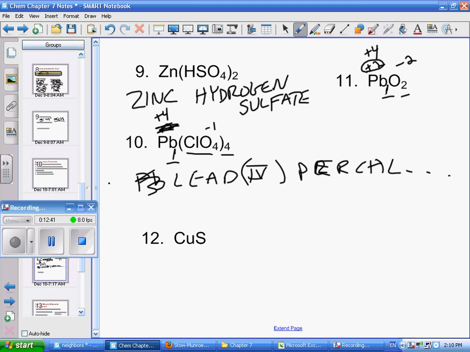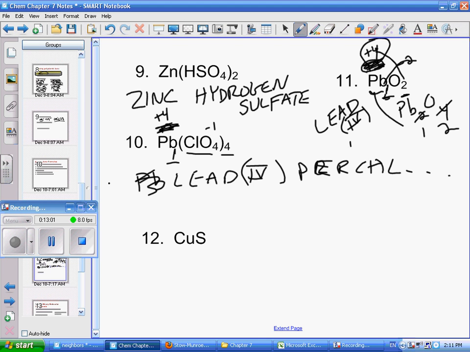That doesn't fit a 1 to 2 ratio. So it can't be this. It's got to be this. This will cross down. This will cross down. Essentially, I have Pb2O4. That will reduce to give me PbO2, which is what I have here. So what did I use? I must have used 4. The answer is lead 4 oxide.